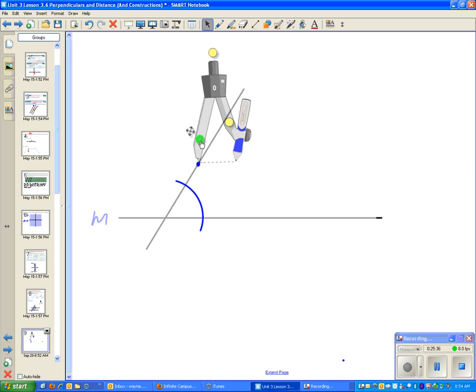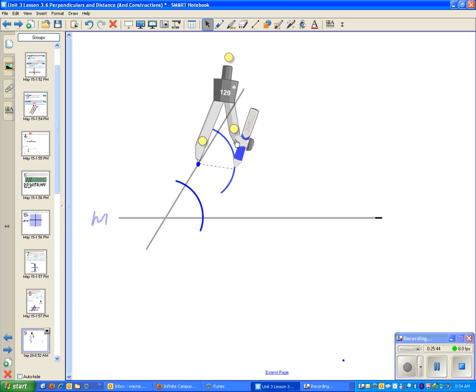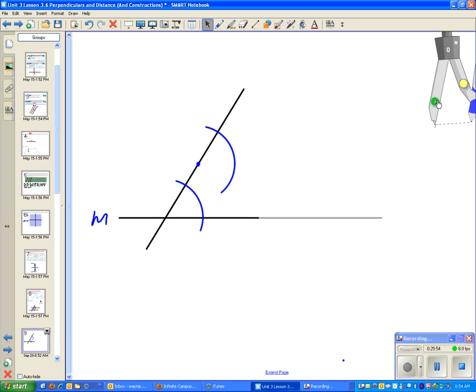So we put our compass point on our point, make an arc that goes through the transversal, and make it big enough that the parallel line will go through that arc. We made both arcs with the exact same compass setting. You with me so far?